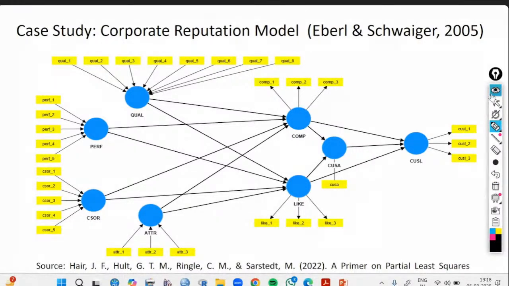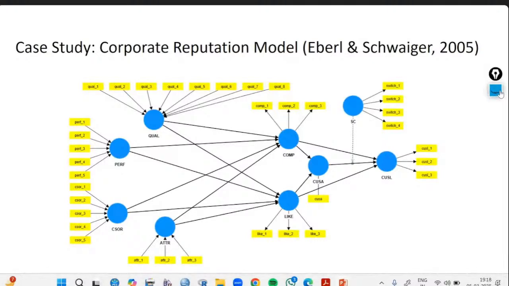So here I am adding the construct. This is my construct. You can see here, and it has 4 questions in a 7-point Likert scale. Now we will check whether this switching cost moderates the relationship between customer satisfaction and customer loyalty.